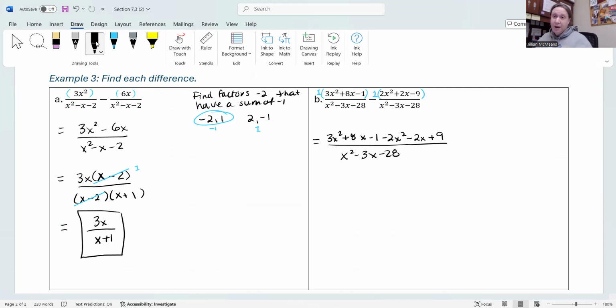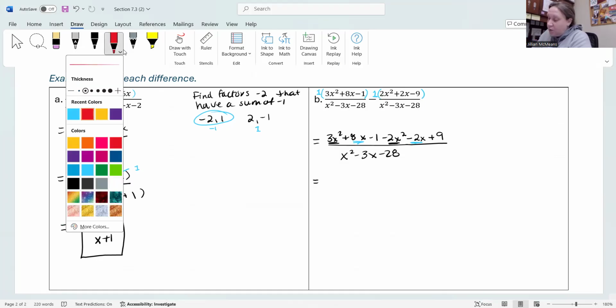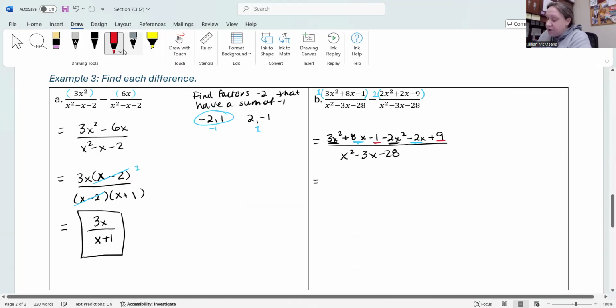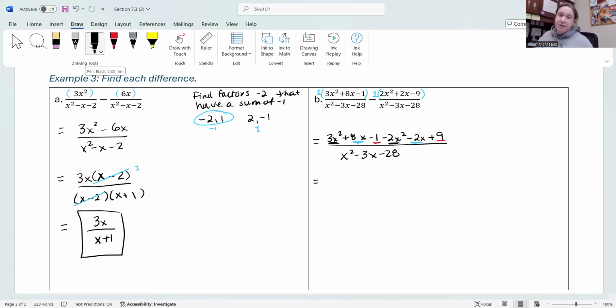And now we want to combine those like terms, okay? So let's see here. We definitely have x squared terms. We have x terms. And, let me change colors, we also have constant terms. So when we go to simplify the numerator, you've got 3 different types of terms that need to be combined.